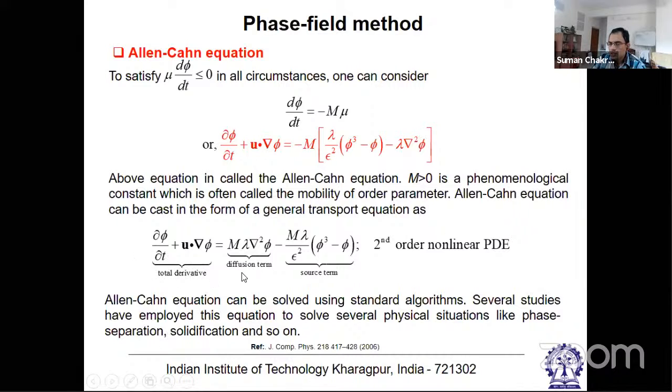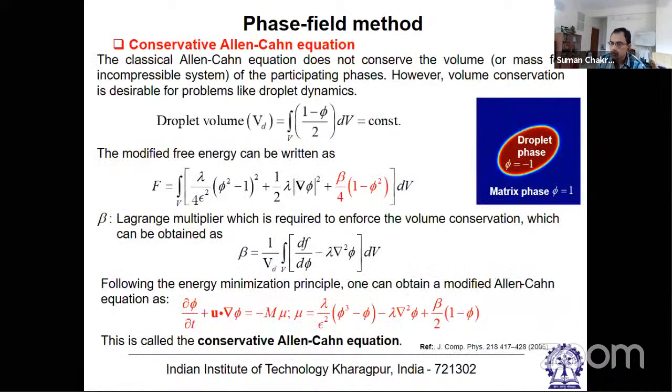So to solve this equation, we can use the same CFD template as we use for our well-known other equations. But we also have to consider certain physical aspects. And one very important physical aspect is that although the total mass of the system, or for an incompressible fluid the total volume of the system, is conserved by the continuity equation, individual phase volumes are not conserved by some mathematical constraint.